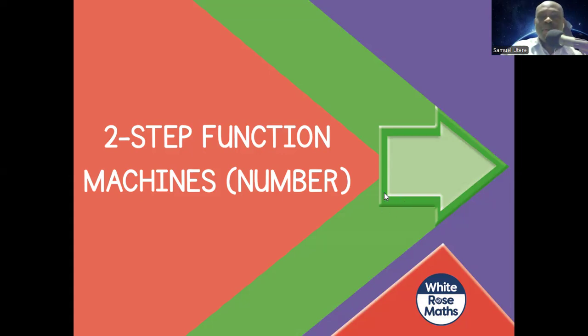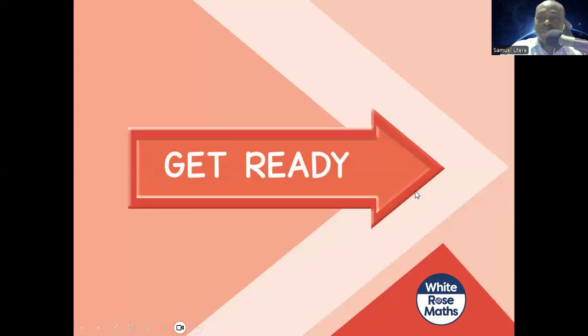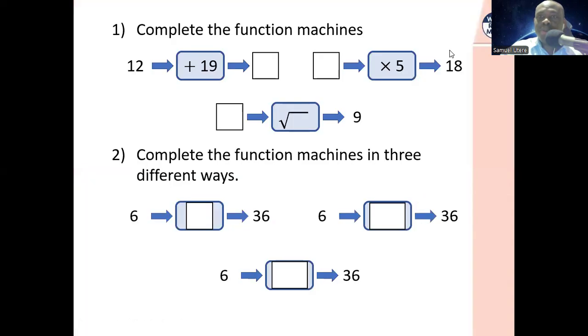But before we start, I would like you to have a go at these retrieval practice questions, which will get you thinking about your previous learning. You can pause the video and do these questions in 3 minutes.